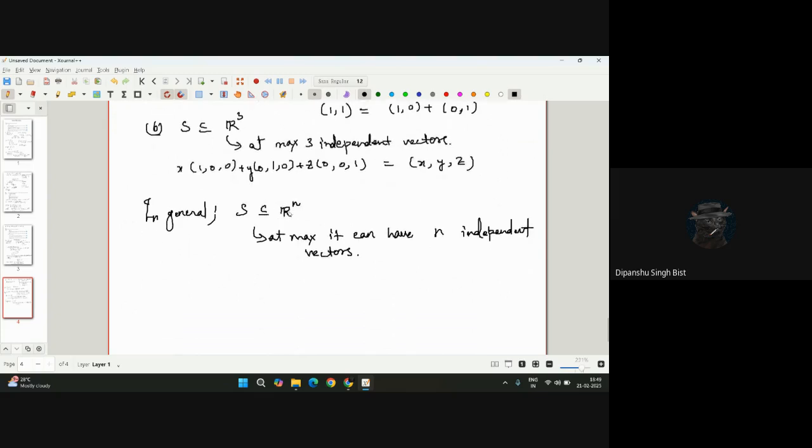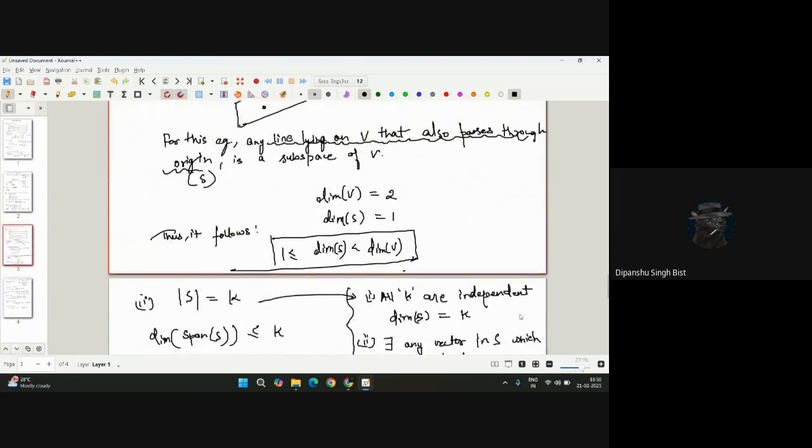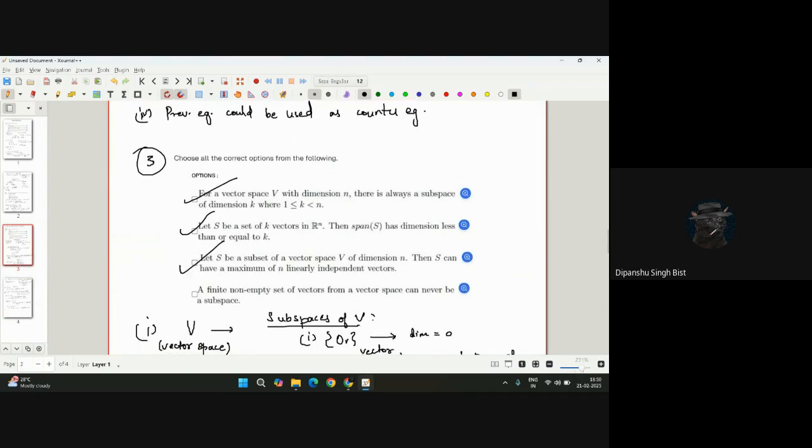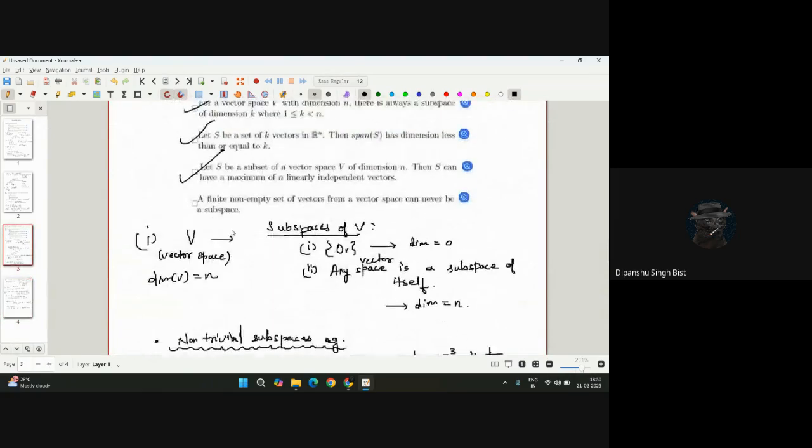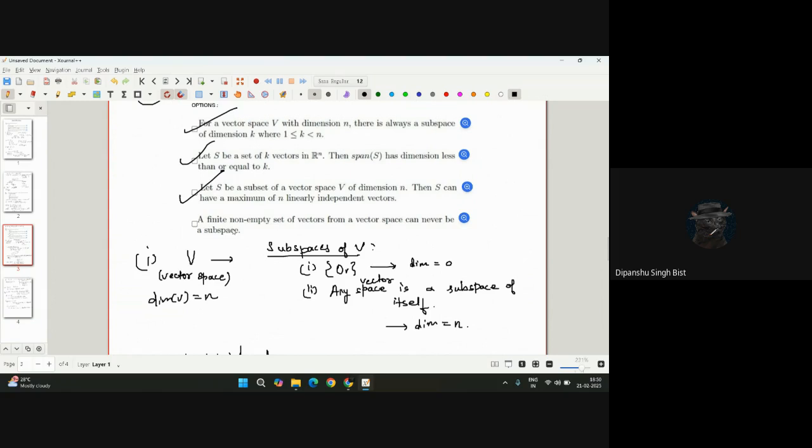Okay, and even if we do not talk about these spaces, and we write that S is a subset of V, where the dimension of V is equal to n, then here also at max S can have n independent vectors. Okay, so any questions on this? The second option, third option was it, right? It's also correct. Okay, any questions?